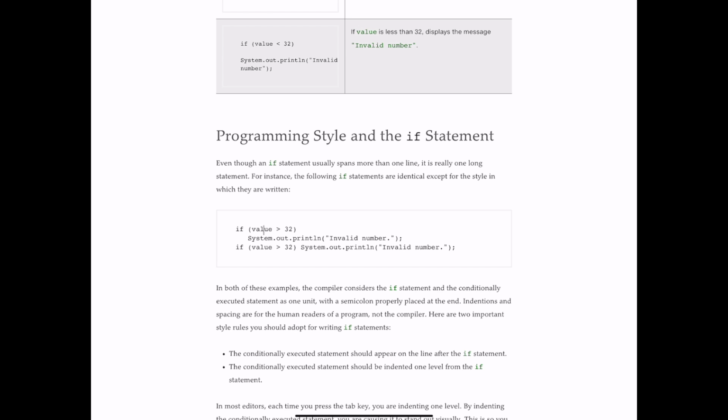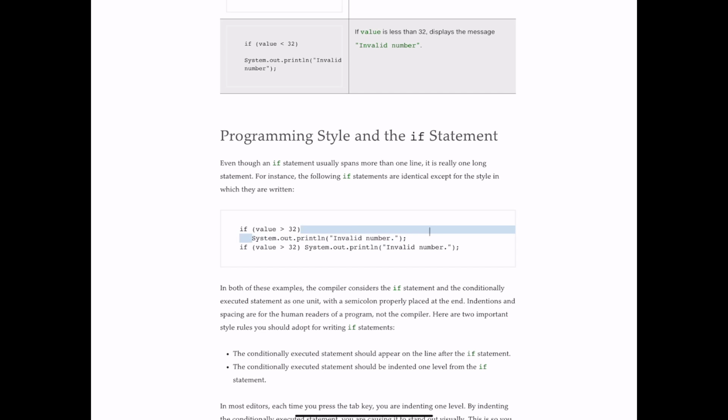Value is greater than 32. Here, after the statement, the very next line of code is automatically associated with this if, but that's very, very sloppy to rely on.